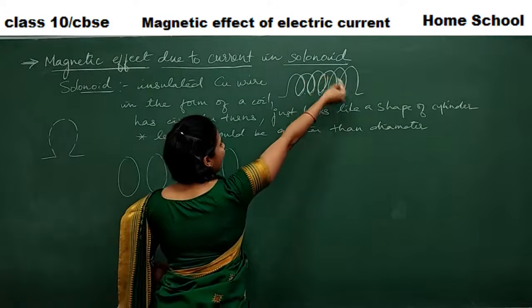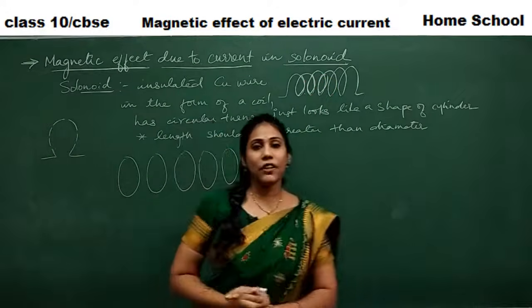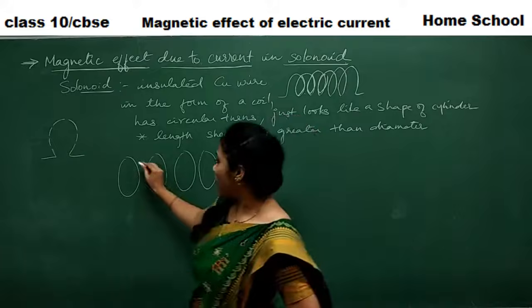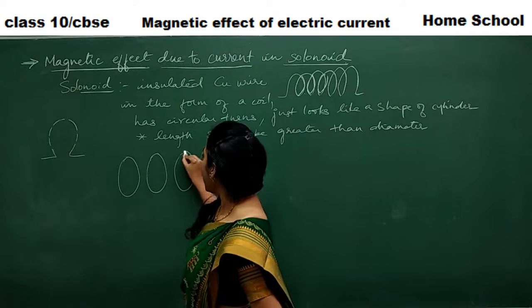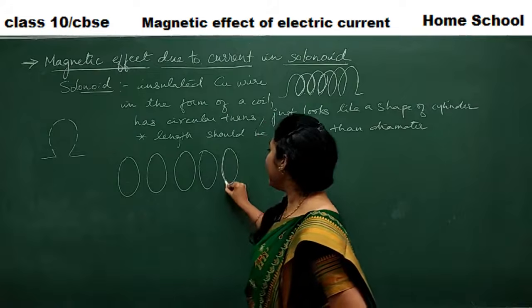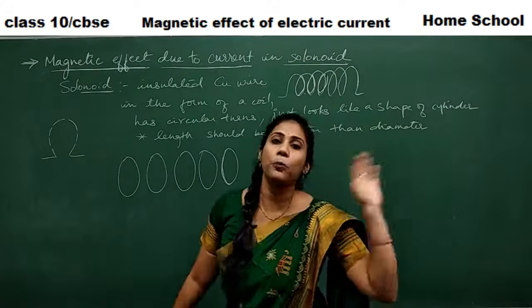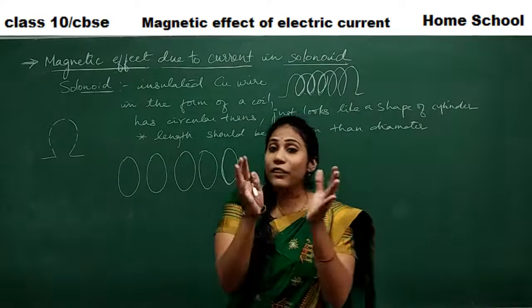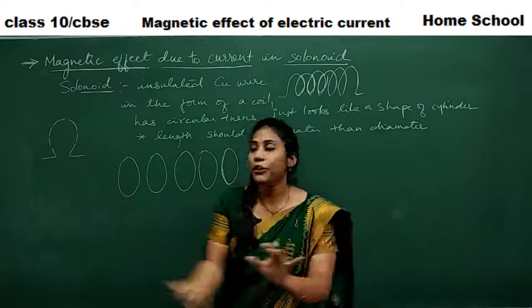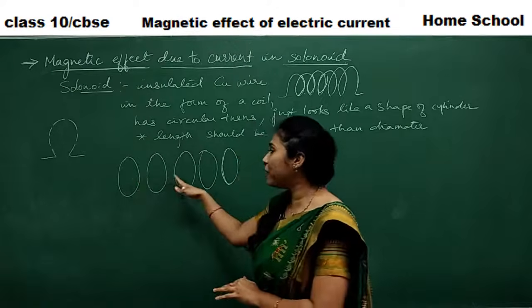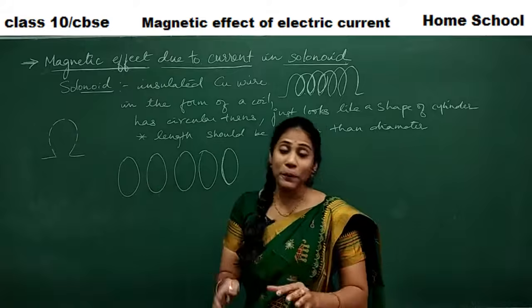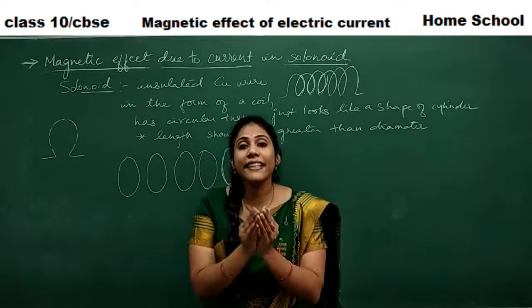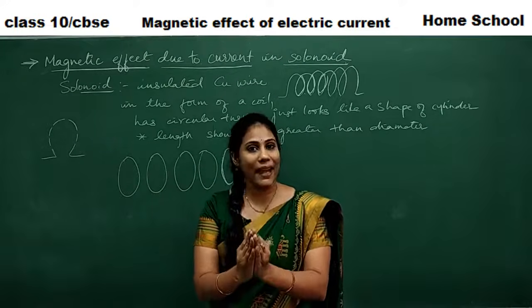When I connect them, it becomes a solenoid. So our solenoid is a collection of many circular loops which are closely packed. You will not have a gap between one loop and another. They are very tightly and closely packed. Remember this.